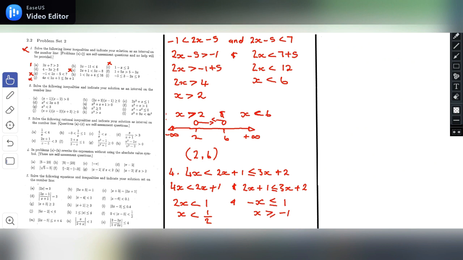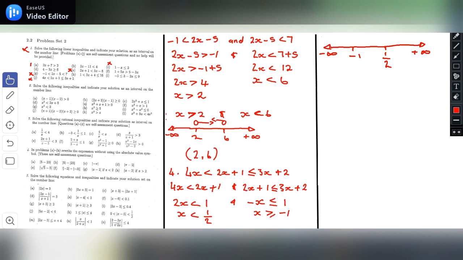Okay guys, so now let's continue. When we draw the interval, we're going to have negative infinity, positive infinity, then we're going to have negative 1 here, and then 1 over 2 here, right? So now we are going to check. This is what we are going to have, right? Wait, let me check.